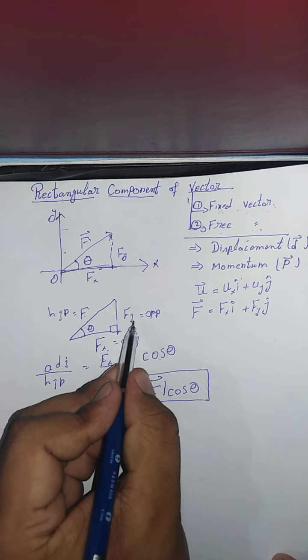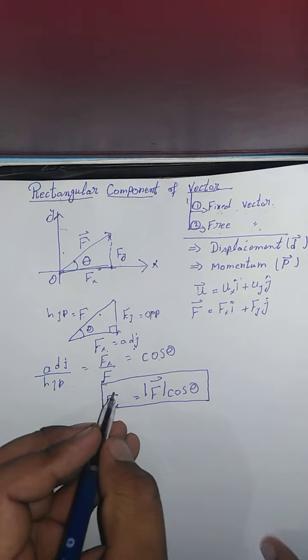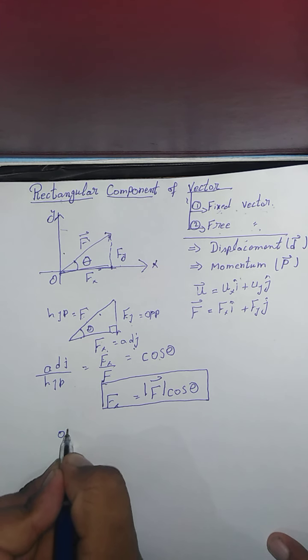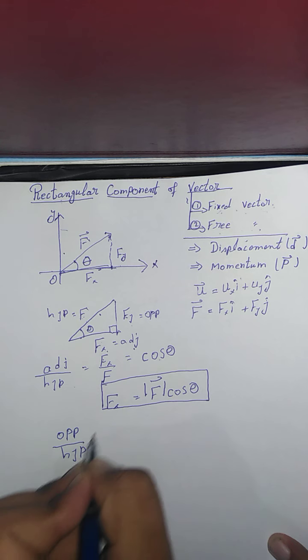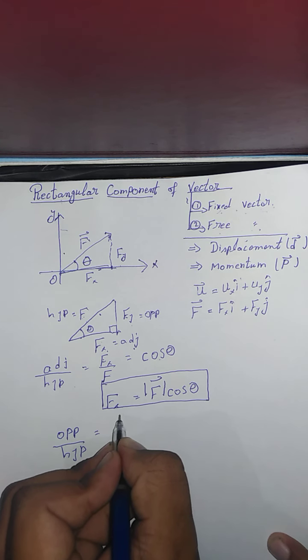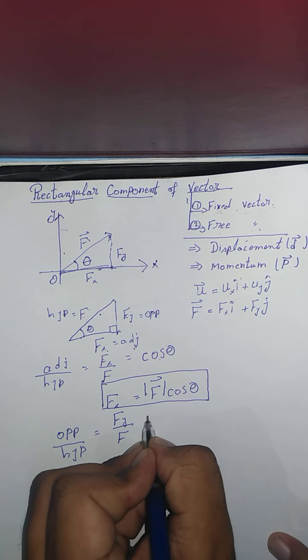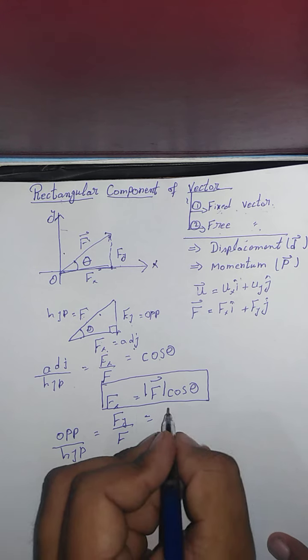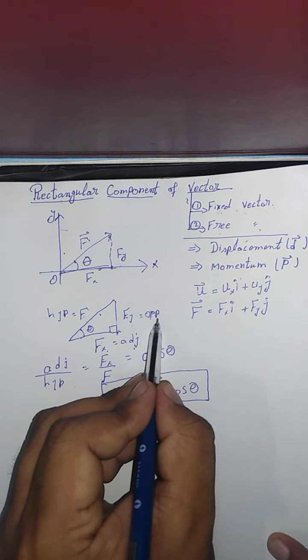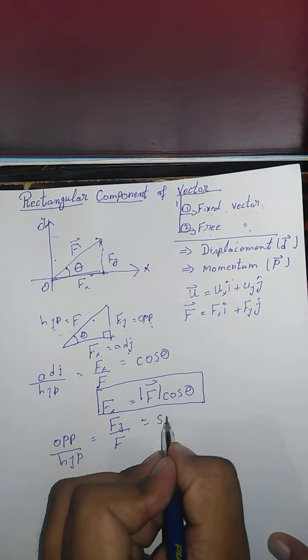Now to find the y component we use this ratio: opposite divided by hypotenuse, which is equal to Fy divided by F, and we already know from basic trigonometry that opposite divided by hypotenuse is sine theta.